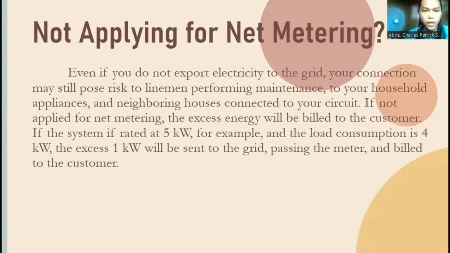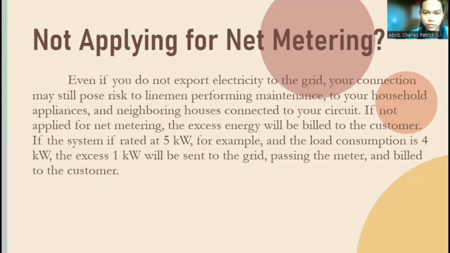Next, what if the customer doesn't want to apply for net metering? Because some owners don't have the time or patience to apply for net metering, and these are possible consequences or other ways to prevent additional fees being applied to you.